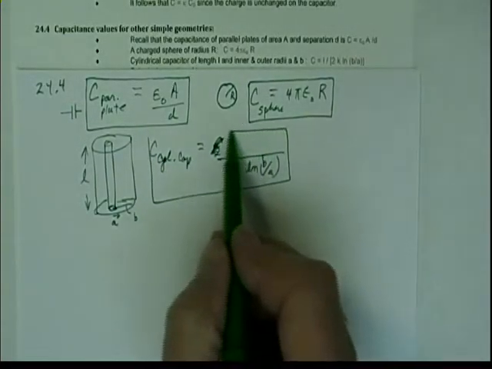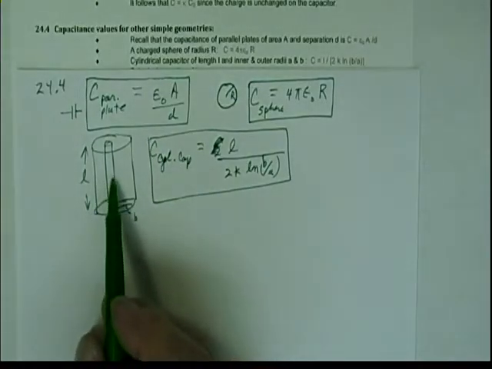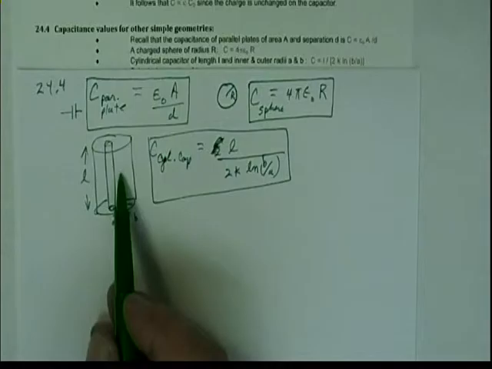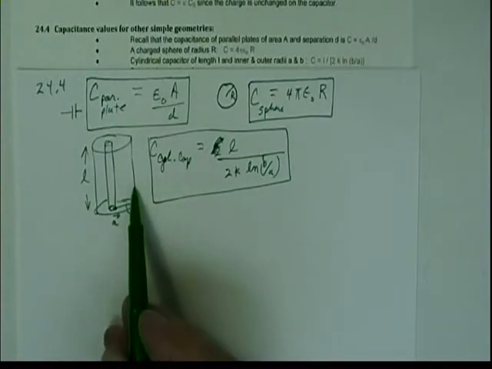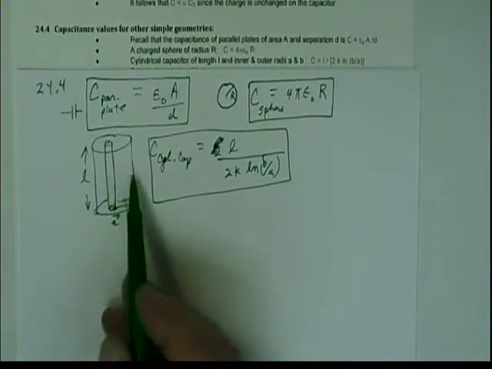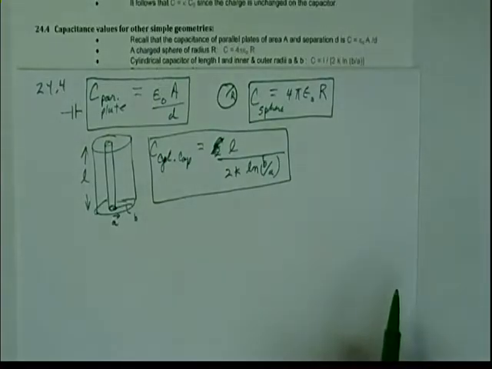But this is an important equation because very often we have a wire that's encased in some type of material like rubber to prevent conduction, and then on the outside of that we have a braided wire that is just shielding for that wire, and so we have a capacitance between those two that is important.